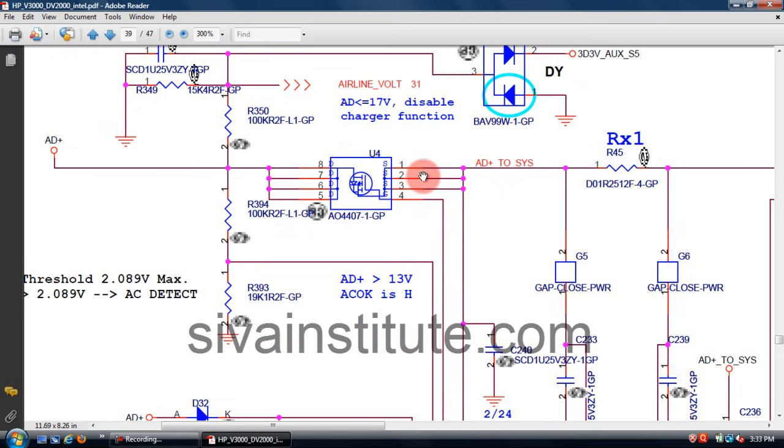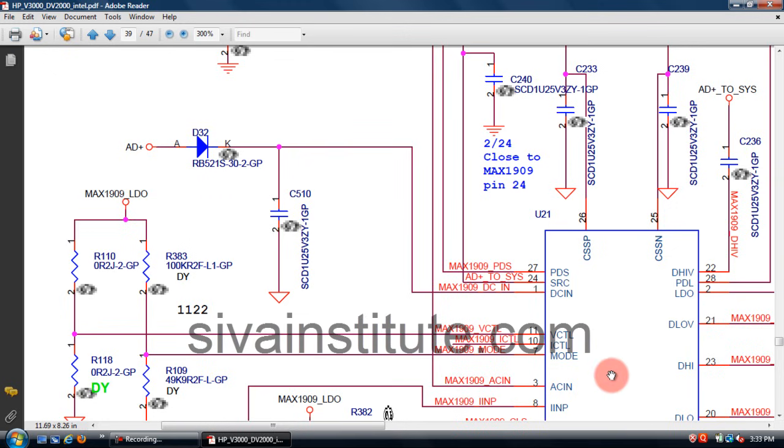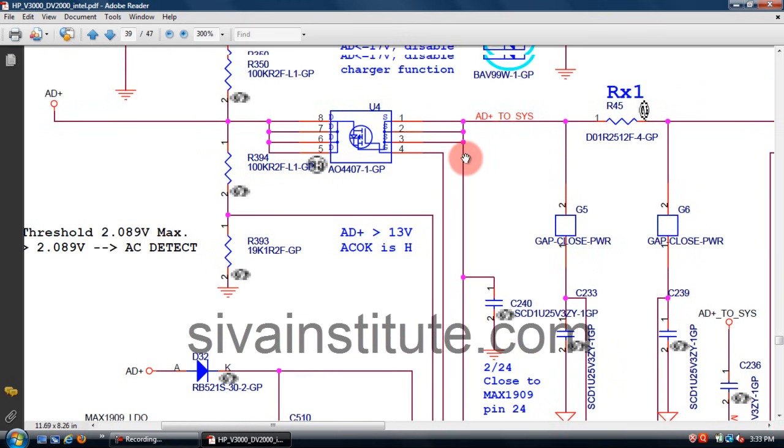If there is no voltage at this point, you should check the gate pins and this AC in voltage to the gate pin. If you have any doubt here, remove this FET and put one wire from pin 1 to pin 8 and check. After that you should rectify the fault.